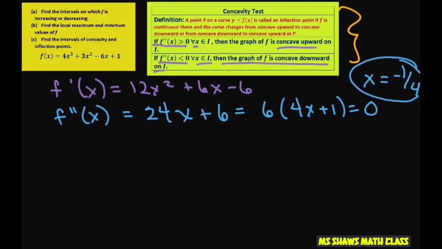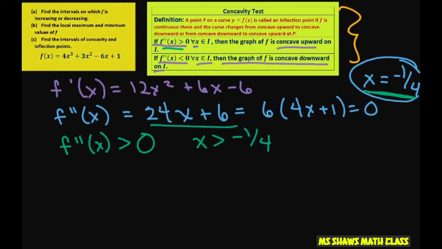So, let's read what it says. For our f double prime of x to be positive, looking at this number, x has to be greater than that number. So if I plug in 1, this will make this a positive number.